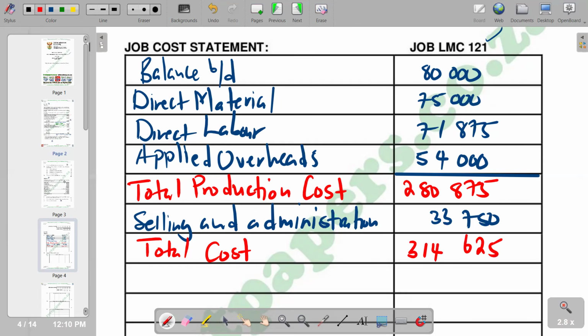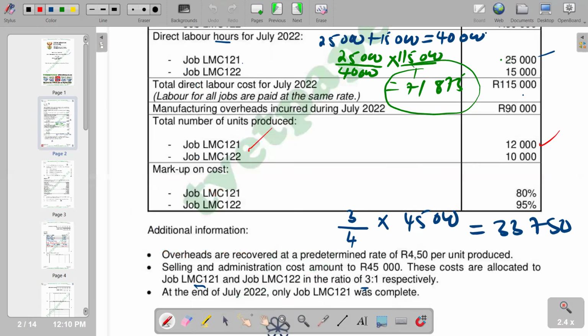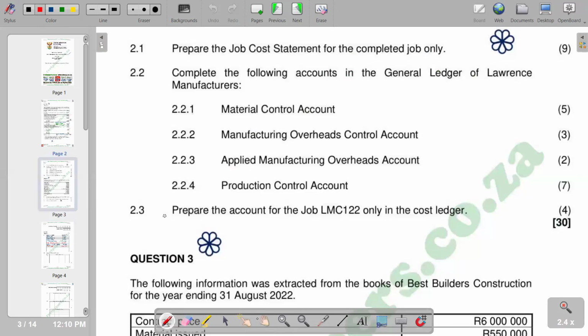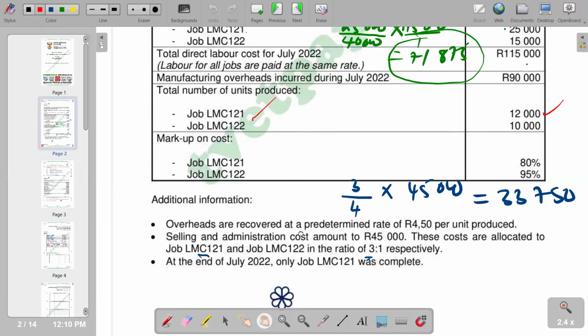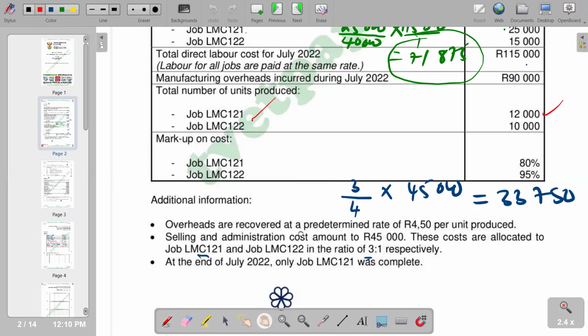So with that now, we go back to the information given. So you'd see that from the information given, we check if we have anything that is going to lead us to the calculation of our selling price.